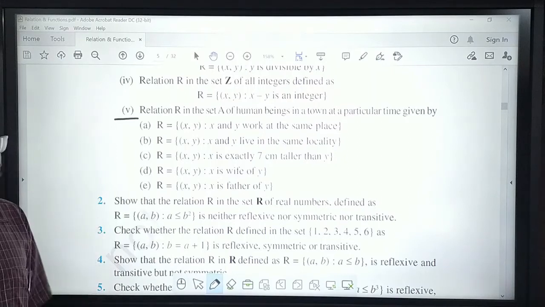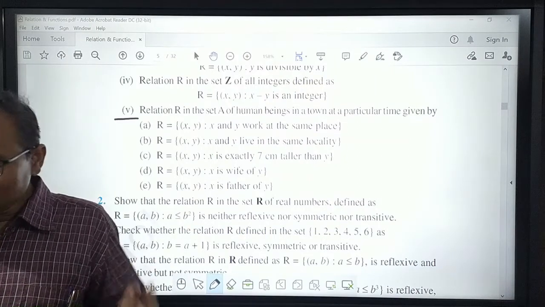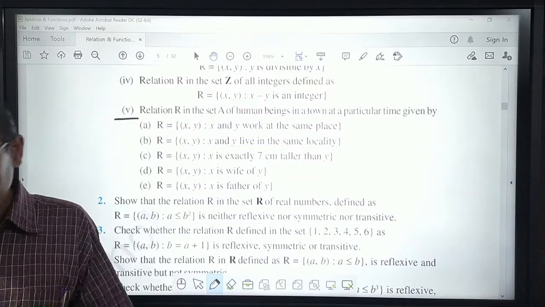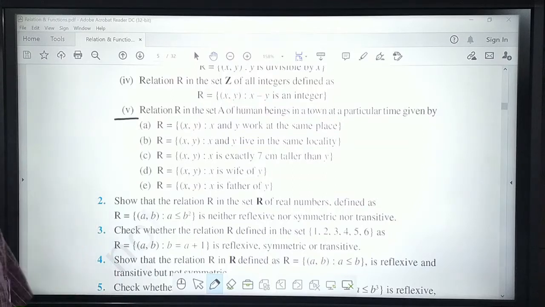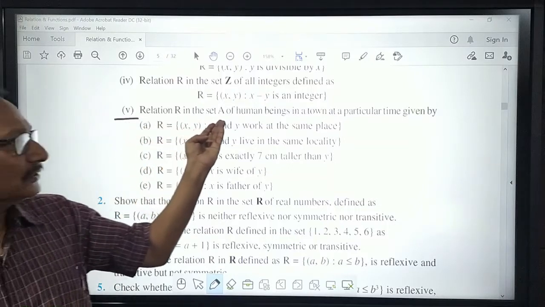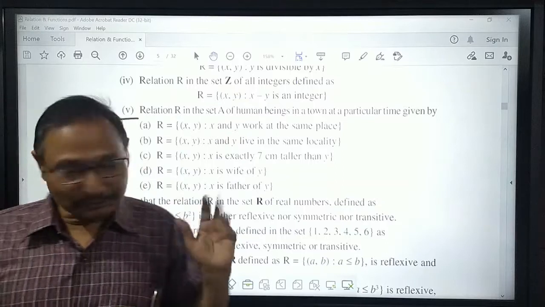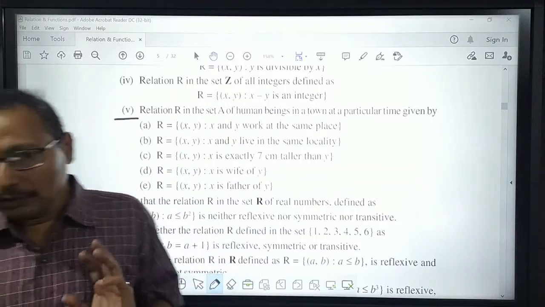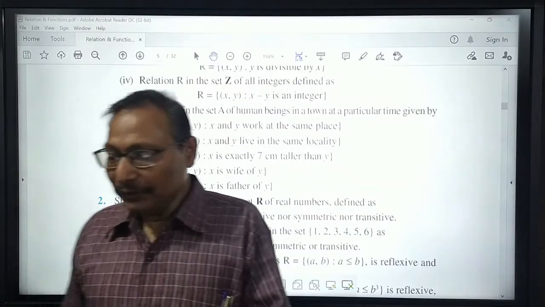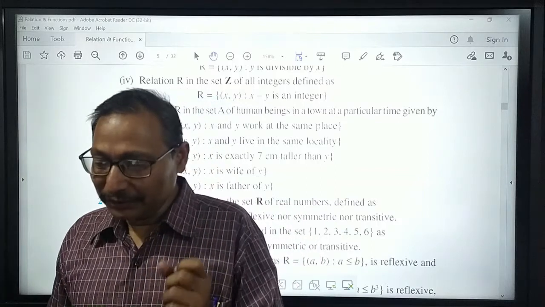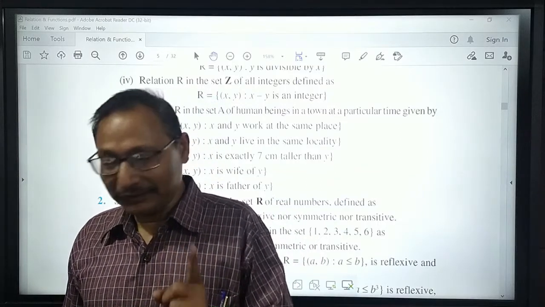First of all, understand what is said in the question, and later on we will solve the question. Here in this question it is said R is a relation in the set A of human beings in a town at a particular time. Whenever we talk about any relation, we should think about a set.